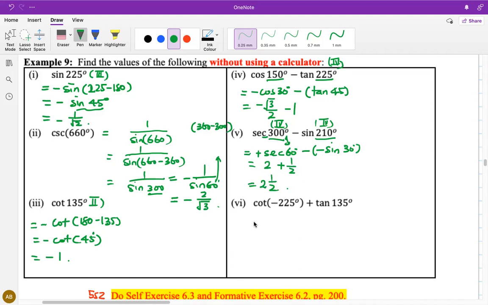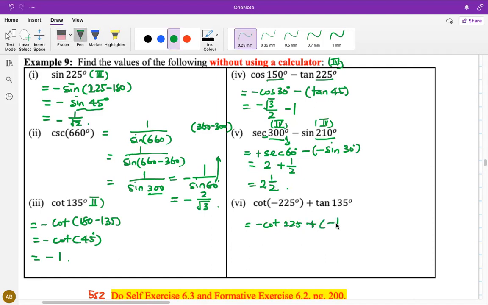Okay, cotangent negative 225 degrees plus tangent 135 degrees. Sorry, you can write plus, so as not to confuse yourself.